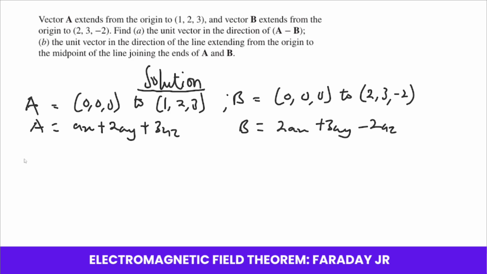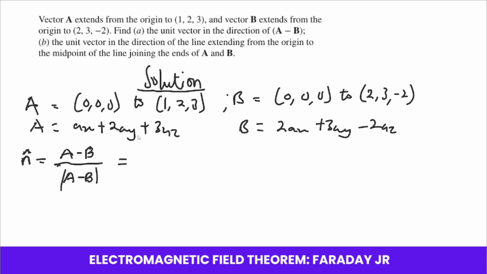So let's represent our unit vector by n. Our unit vector is going to be the vector all over the magnitude of the vector.